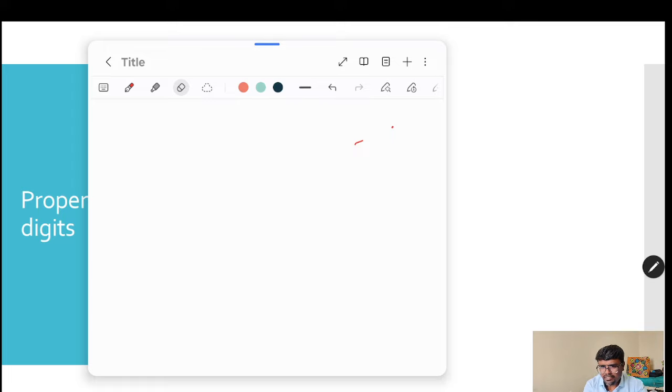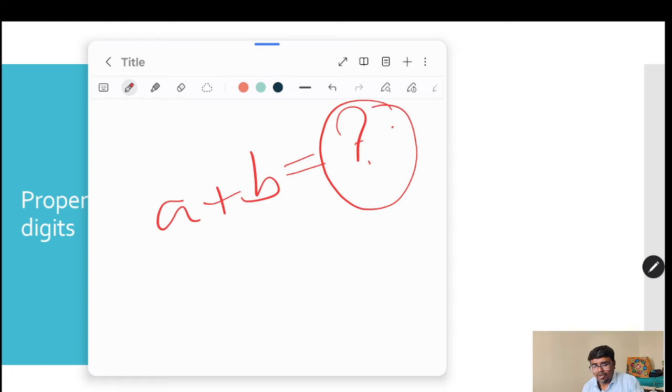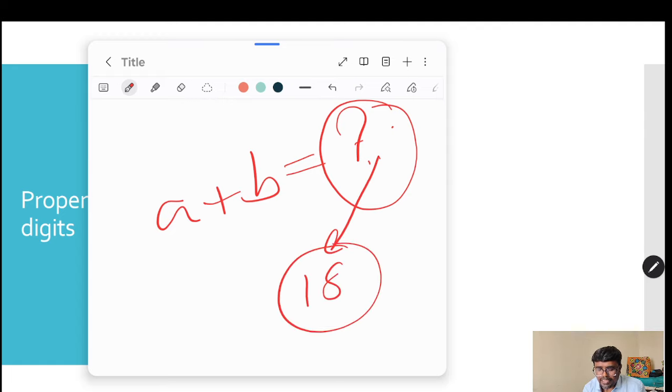Okay. One more small thing I want to discuss. A is a digit. B is another digit. Already you know the digits are 0, 1, 2, 3, 4, 5, 6 up to 9 only. So my question to you: what is the maximum possible value of A plus B? The maximum possible value is only 18.